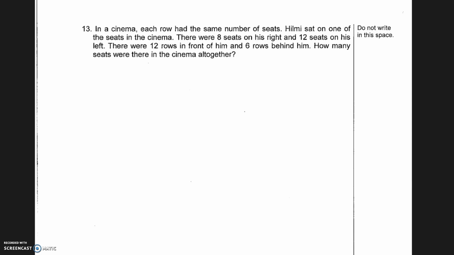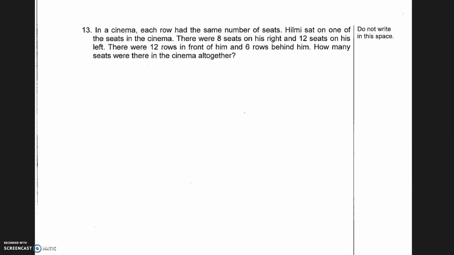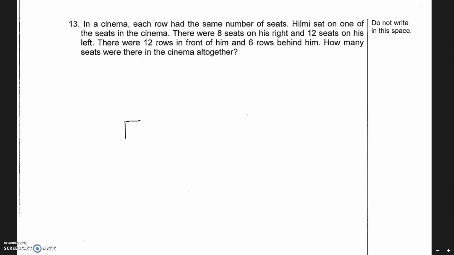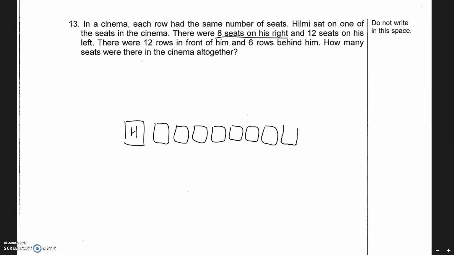Now, in a cinema, each row had the same number of seats. There's this guy, I'm just going to call him Hilmi. He sat on one of the seats, and to his right, there were 8 seats: 1, 2, 3, 4, 5, 6, 7, 8.